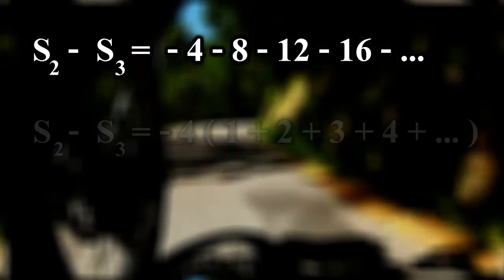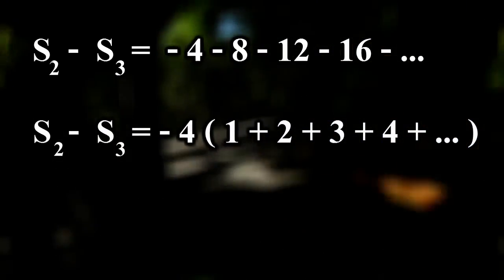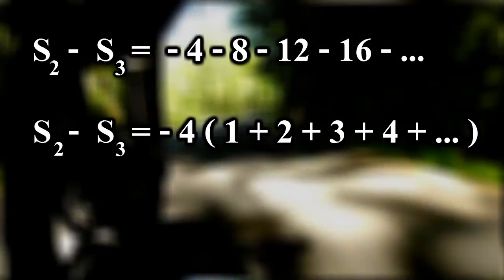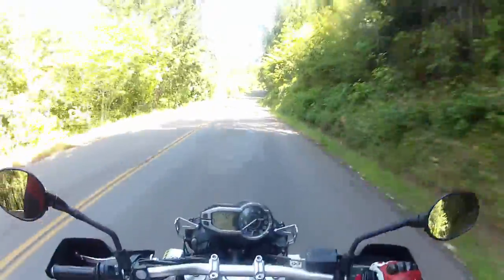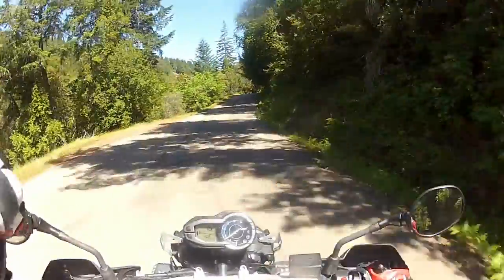Let's factor out a negative 4. All right? So we get S2 minus S3 is equal to negative 4 times 1 plus 2 plus 3 plus 4 plus etc., etc. What's that? That's S3. That's what we're looking for. Yes!